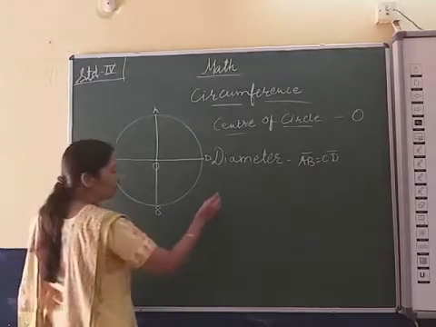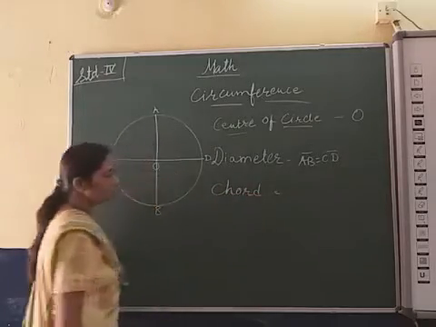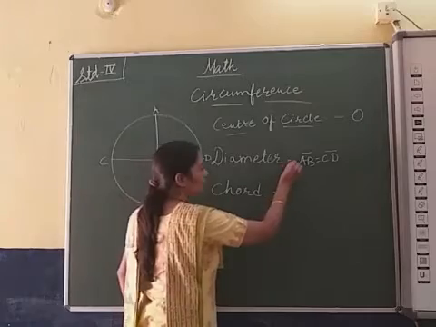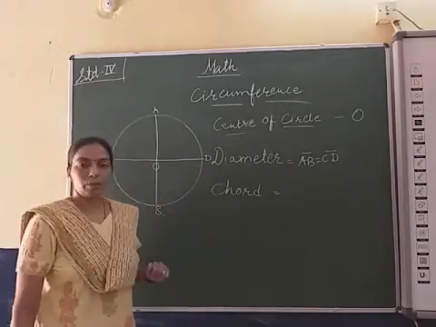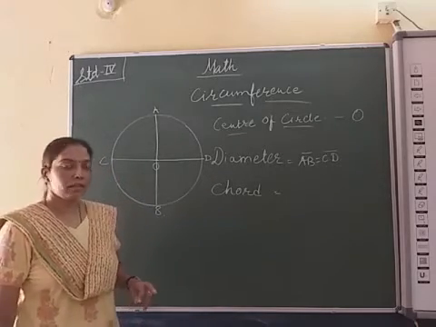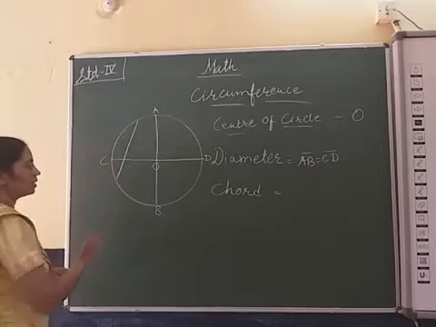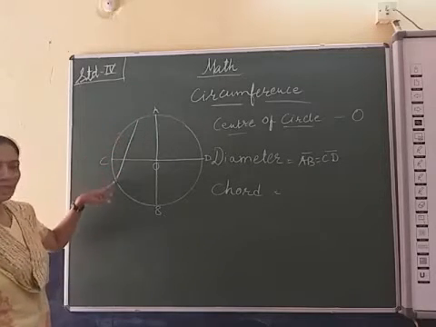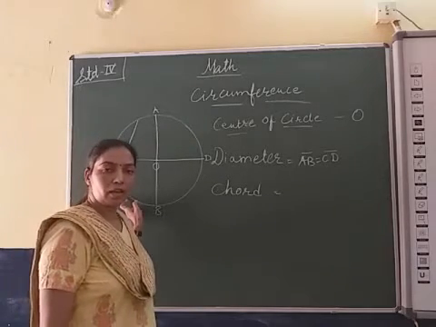Now the next point is chord. What is the chord? Here the chord means a line segment. I draw the line segment. This is the line segment. The starting point and ending point fall on the circle.